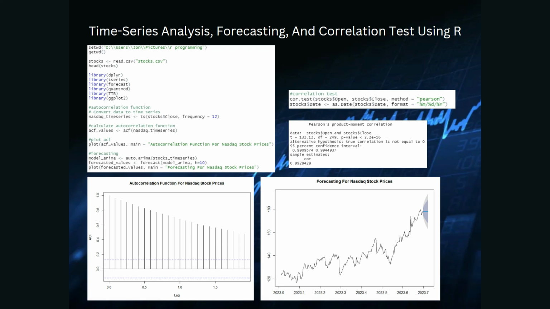A high correlation implies a high degree of predictability in the relationship between opening and closing prices. Market participants, including traders and investors, can use this information to anticipate potential price movements. For example, if the opening price of the stock is significantly higher than the previous closing price, there's a high likelihood that the closing price will also be higher based on historical patterns.